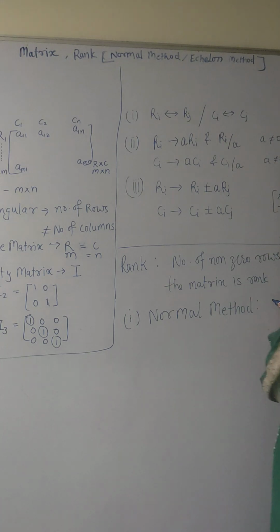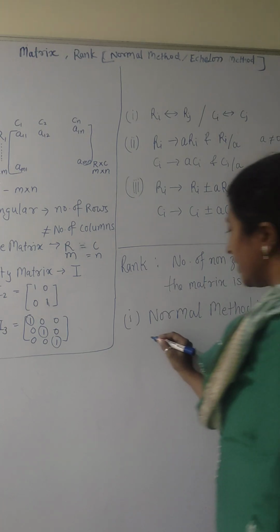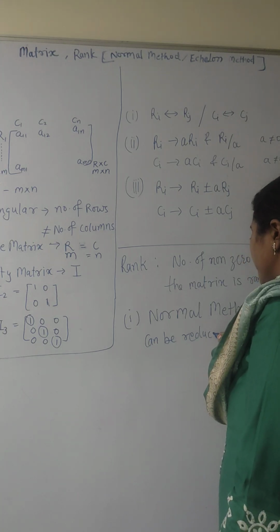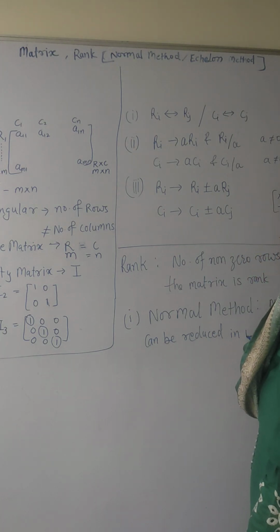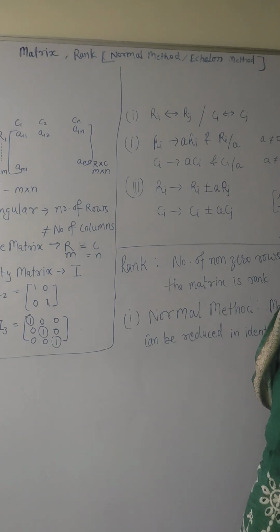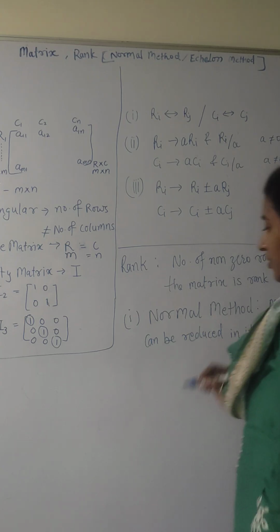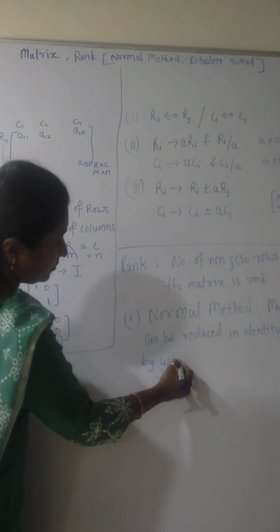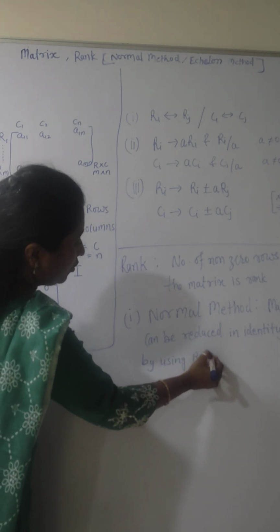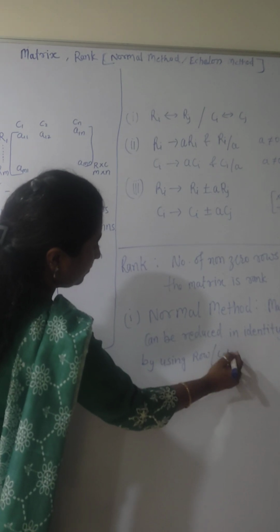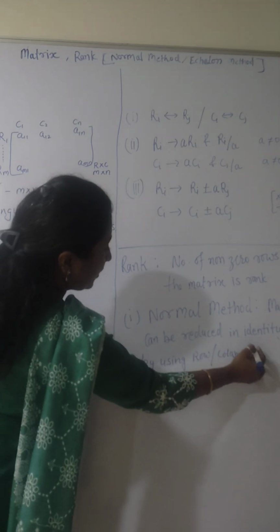In the normal method, matrix A can be reduced to an identity matrix. How? By using row or column transformations.